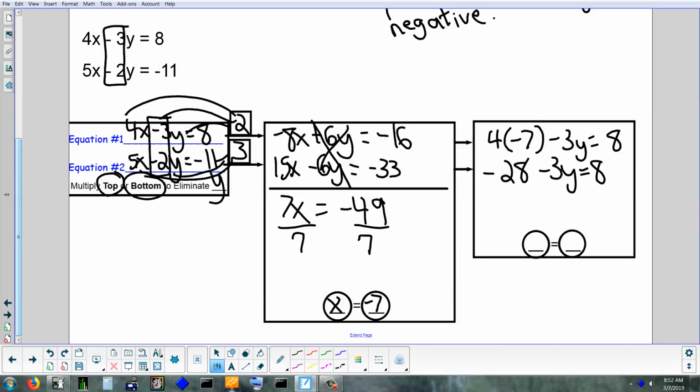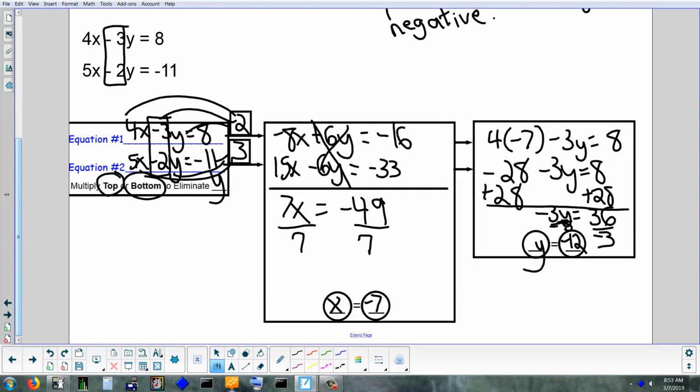So -28, how do I move that? Plus 28. Bring down my -3y, then I'm gonna get 36. Then divide by what number? -3. What's my answer? Y equals -12.